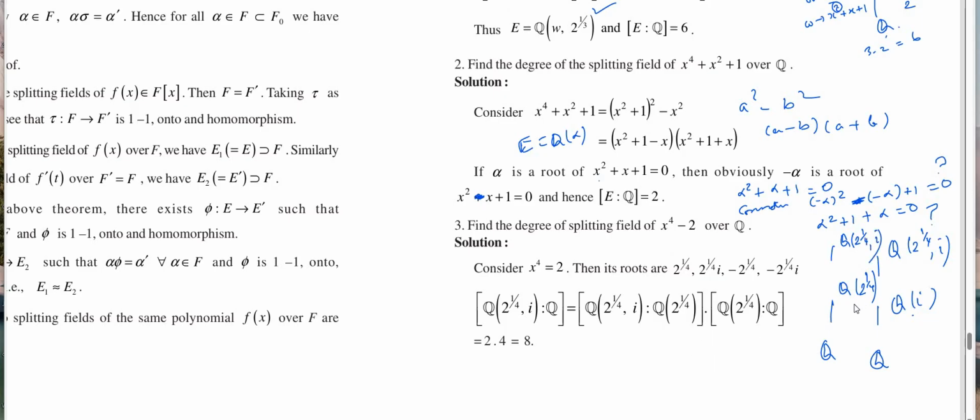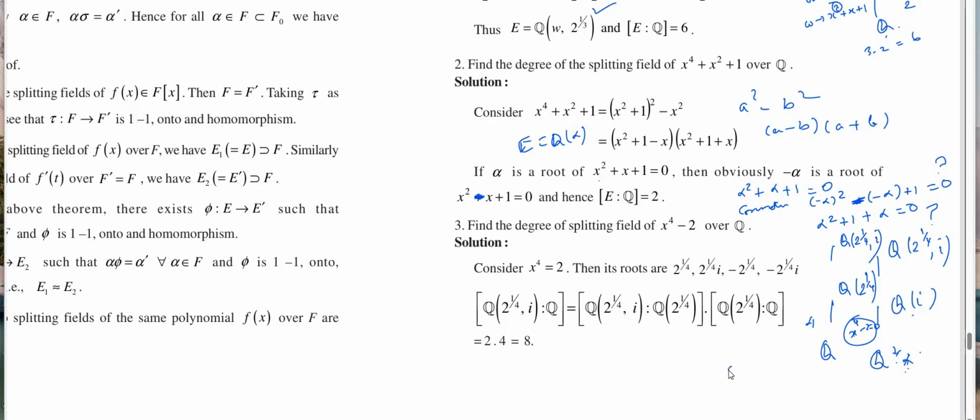Now 2 power 1 by 4 satisfies the polynomial, namely x power 4 minus 2 equal to 0. This is an irreducible polynomial over Q. That is over what? That's very important. So this satisfies a polynomial of degree 4, 2 power 1 by 4 over Q. So this is 4.